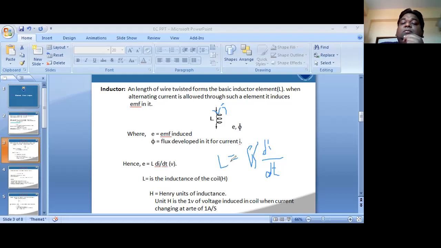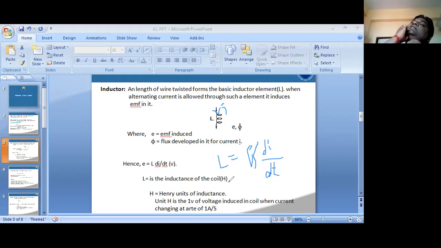Once again, I will repeat the definition of inductance. Inductance of the inductor is the EMF induced in the inductor when the current flowing through the inductor element is changing at the rate of di/dt. The units of inductance are Henry.